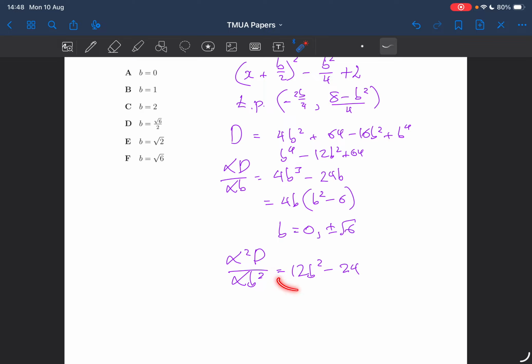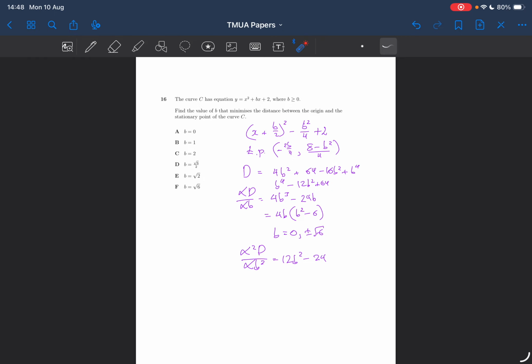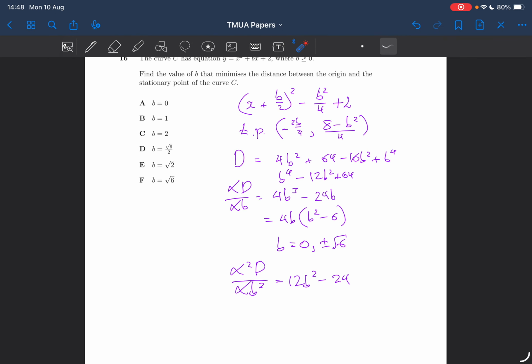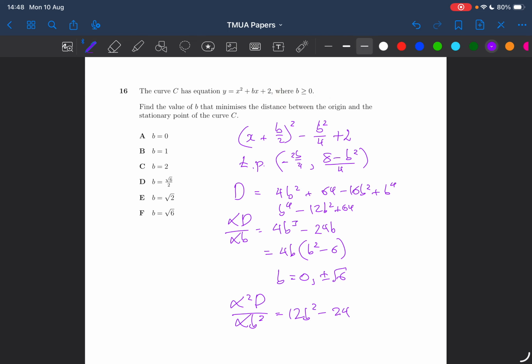And what you can see is that if b is 0, this is negative, yeah? So that's going to be the maximum, but we want a minimum. So we need to use the plus or minus root 6, but we couldn't have a negative one, so it is root 6. 16, is that all good? Yep, lovely jubbly.